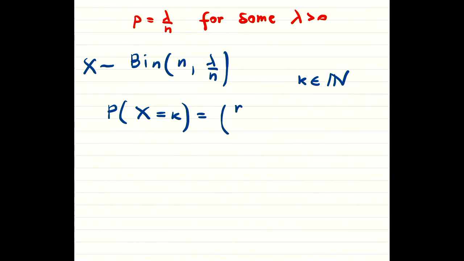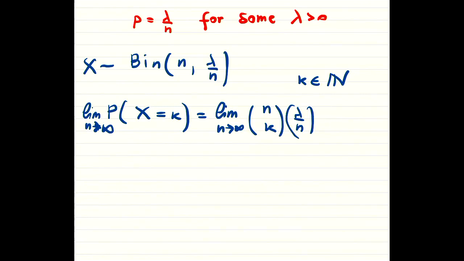This is equal to n choose k. So I'm going to consider the limit as n goes to infinity of n choose k, p to the power k, so lambda divided by n to the power k, and 1 minus lambda divided by n to the power n minus k.